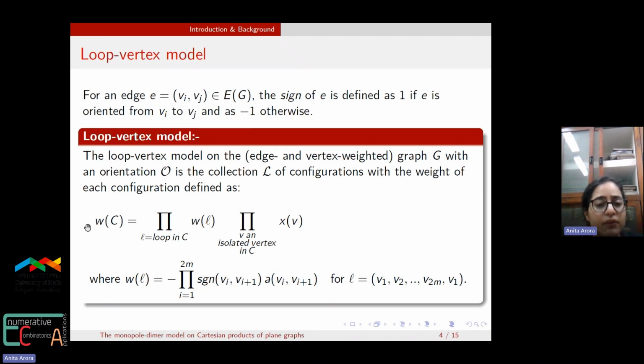The weight of a configuration is the product of the weights of the loops involved in it and the product of the weights of the isolated vertices, where the weight of a loop is defined as taking the product of the signs and edge weights of the edges involved in the loop L, together with a minus sign. So you can note that the weight of the loop depends upon the orientation because the sign is defined using the orientation. So it's an orientation dependent model.